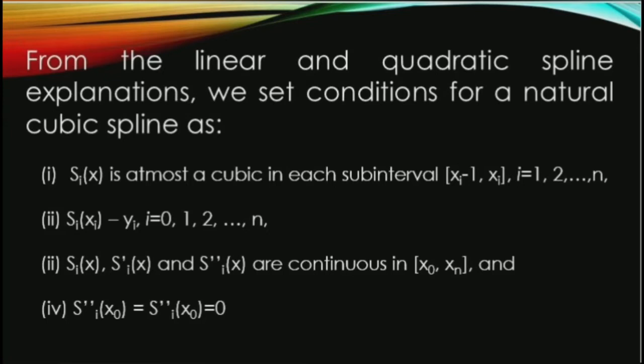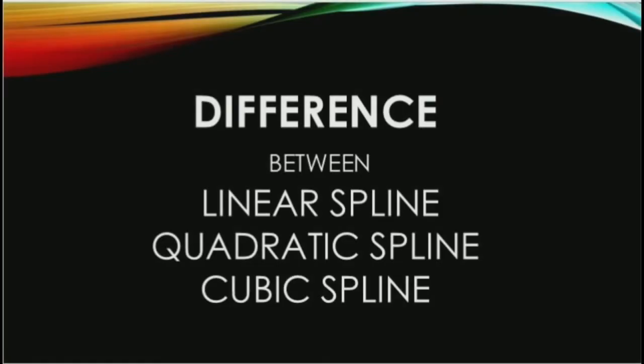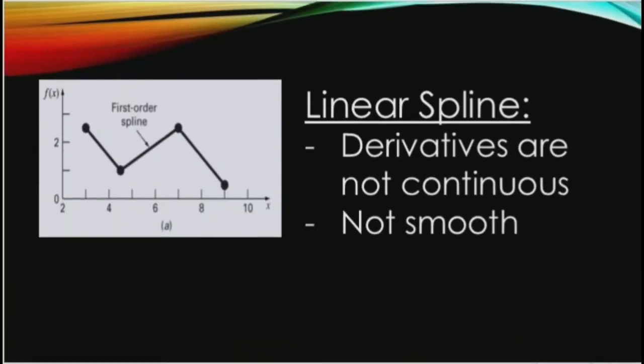Before we proceed to the examples of cubic spline interpolation, let us define the difference of linear spline, quadratic spline, and cubic spline. In linear spline, derivatives are not continuous and not smooth.